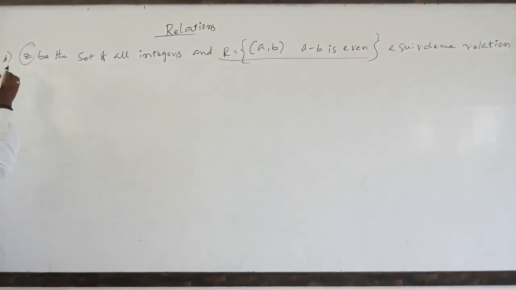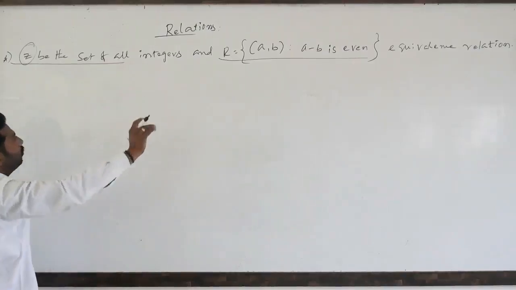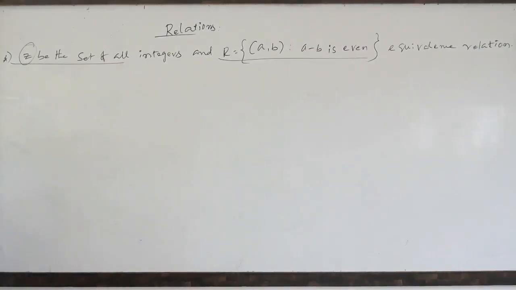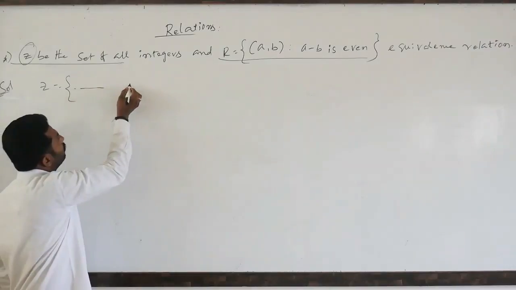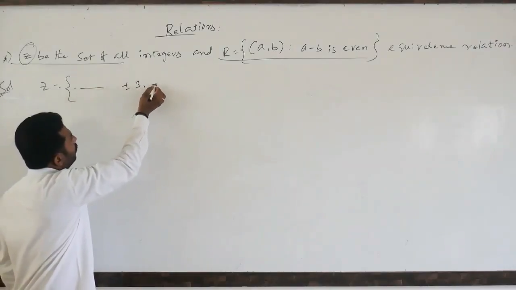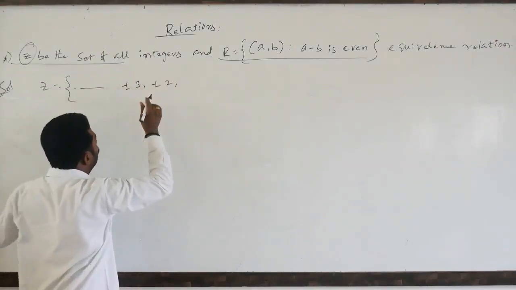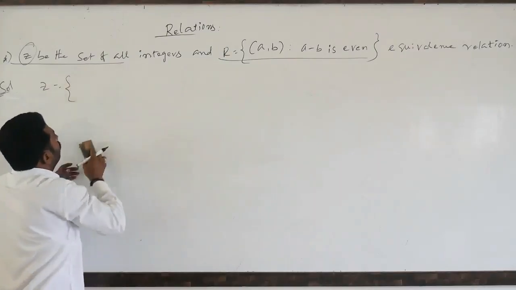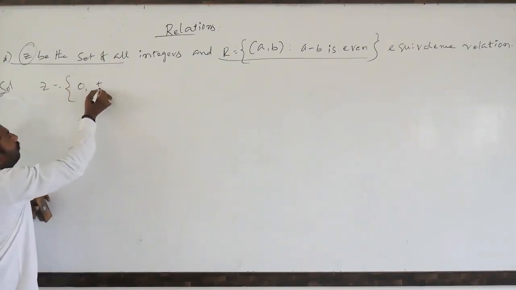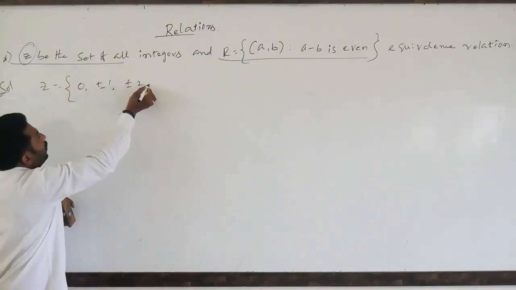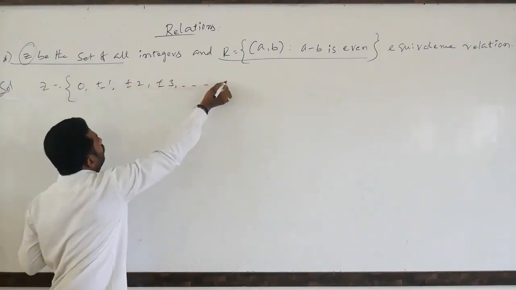First, we have to observe whatever the problem is, what the given non-empty set is. Given non-empty set means the set of all integers: plus or minus 3, plus or minus 2, 0, plus or minus 1, plus or minus 2, plus or minus 3.